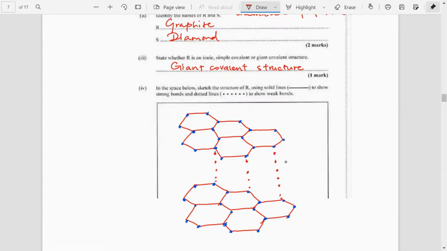So these are our weak bonds, our van der Waals forces, and of course, these are covalent bonds. And that's graphite.